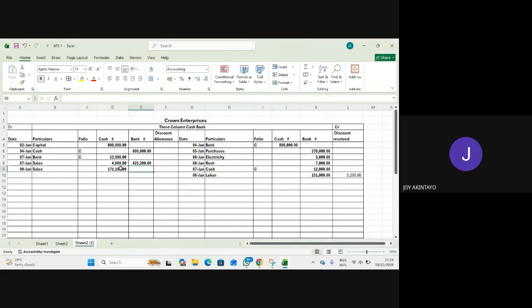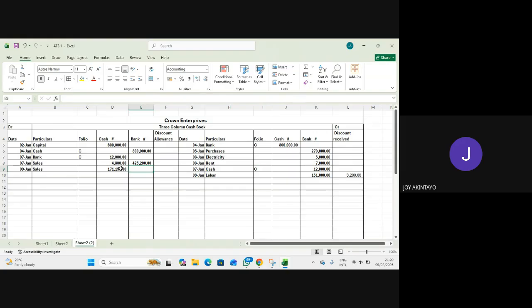So the second transaction, how do we post? We said we have two transactions. We've treated the first one. The second one is which one? Cash wages paid, 5,000 naira.